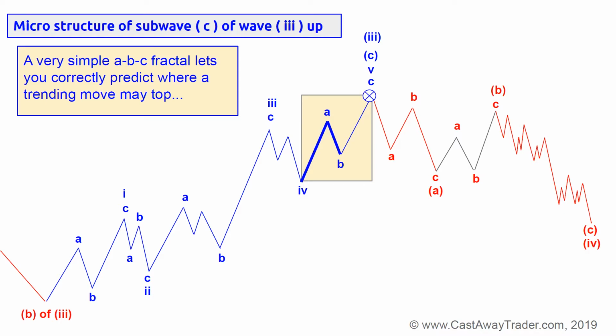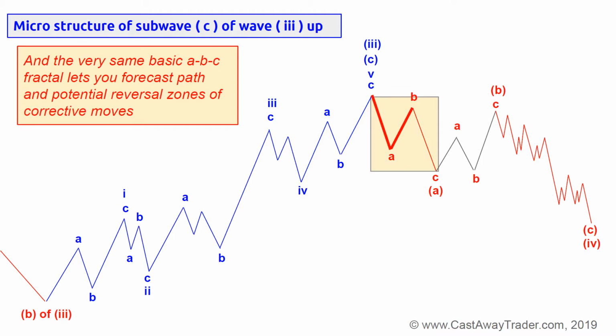And it's amazing that such a simple thing as ABC fractal, here you can see A up, B down, and C up, together comprise wave 5, which is the final subwave of wave C of 3, lets you nail the top of a bigger rally.